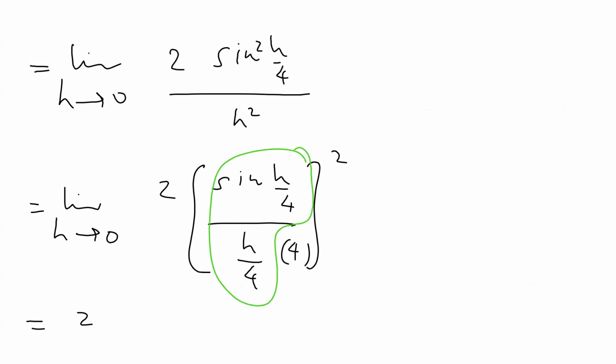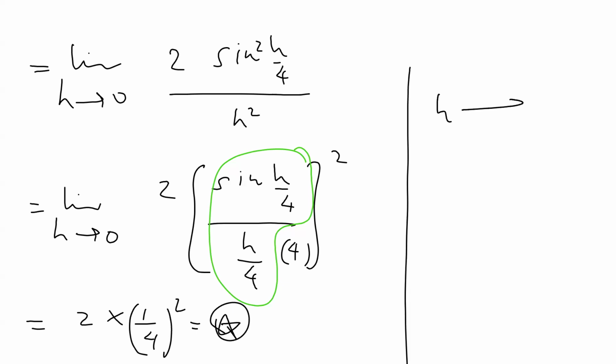So this is equal to 2 into 1 upon 4 the whole square. You can calculate this. h approaches 0, h by 4 also approaches 0. So that was your question number 6. Let's go to question number 7.